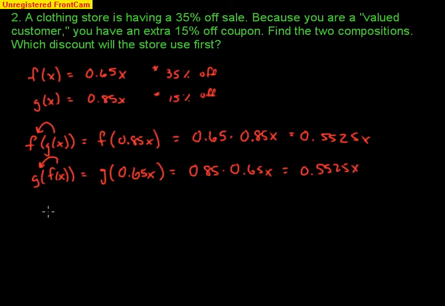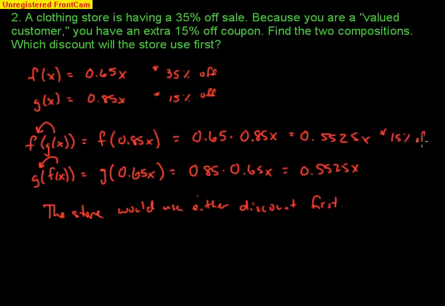So to answer the question, which discount will the store use first? The store would use either discount first. And again, it's because they both come out to be the same, right? Here in this top one, they're saying, okay, let's do the 15% off first.